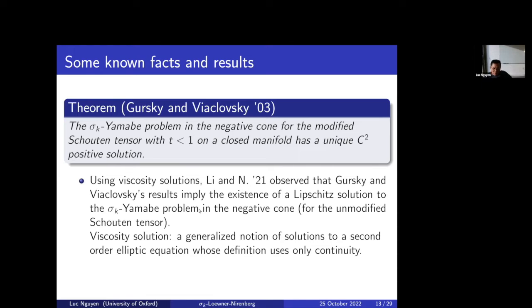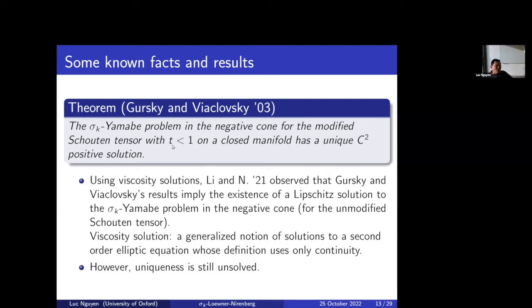I will not define precisely what this notion of viscosity solution is, other than just saying that it's some sort of generalized solution where in the definition we only need continuity to make sense of the equation. However, although we say that it's solvable, in that setting when t equals 1, we don't know uniqueness.